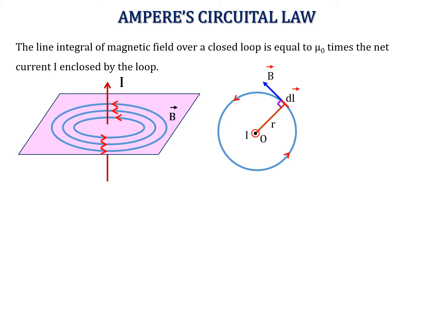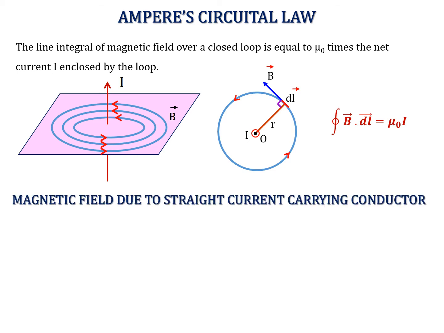So if we take a small part dl of this loop, magnetic field will be parallel to it, and hence we can say integral of B dot dl is equal to mu naught I. So the mathematical form of Ampere's law is integral B dot dl is mu naught I, and this expression can be used to find magnetic field due to a straight current carrying conductor.